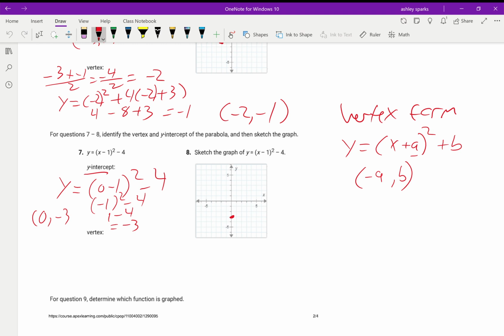So here I would change the sign of my 1 and keep that -4, and that should be my vertex. Okay, so it's only for this particular form that this works, and I can graph that point (1, -4). Since the vertex has to be in the middle, I would assume something like this, and I could get a general sketch of my graph going on.